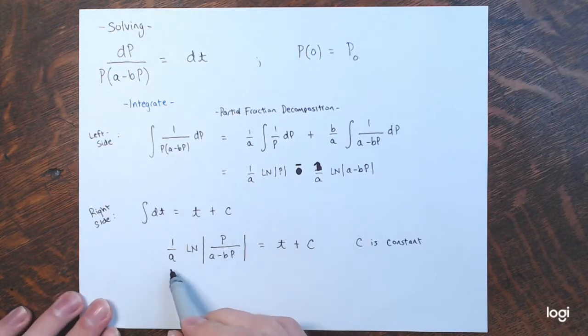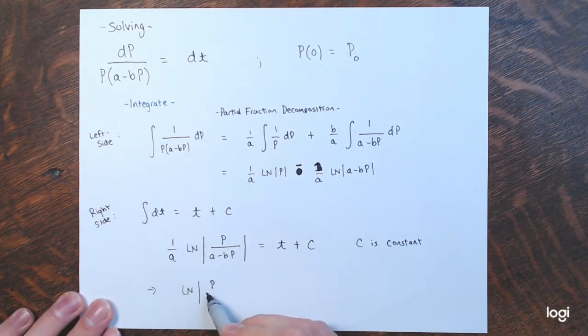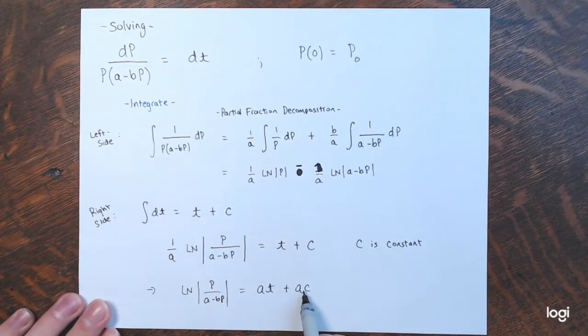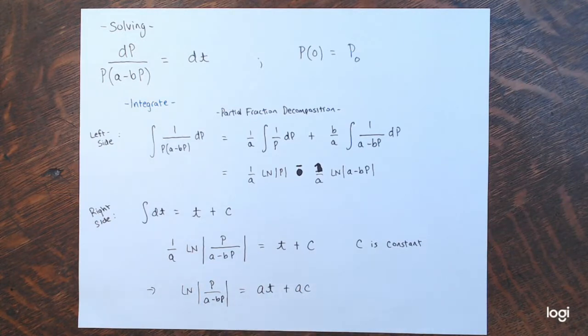All right, well, multiplying both sides by a, you get the natural log of p divided by a minus bp equals at plus ac. Now I know ac is another constant, but I'm going to leave this like this for now and keep going.